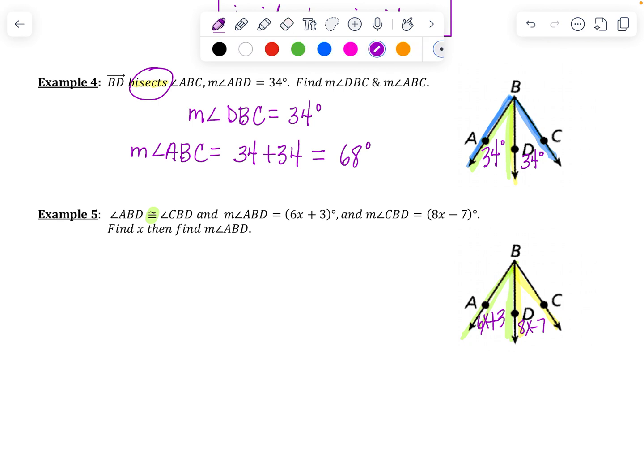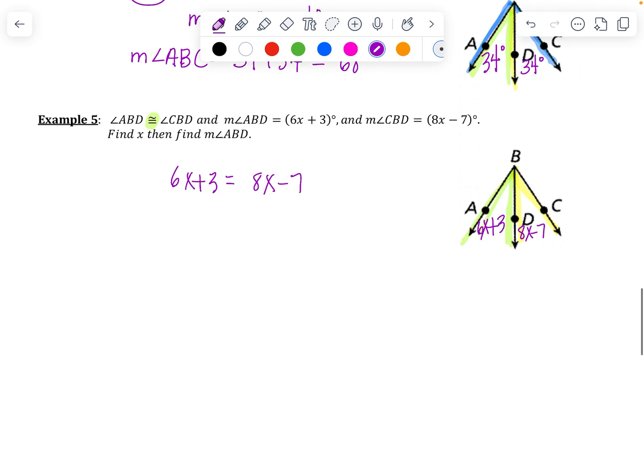How would you know that the X on the outside would be the same? You don't know that. And you don't need that, because I don't need to add the inside plus the inside to the outside in this picture. I know the two angles are equal. So all I need to do is take 6x plus 3 and set it equal to 8x minus 7. I don't need the outside piece if the angle was cut in half.